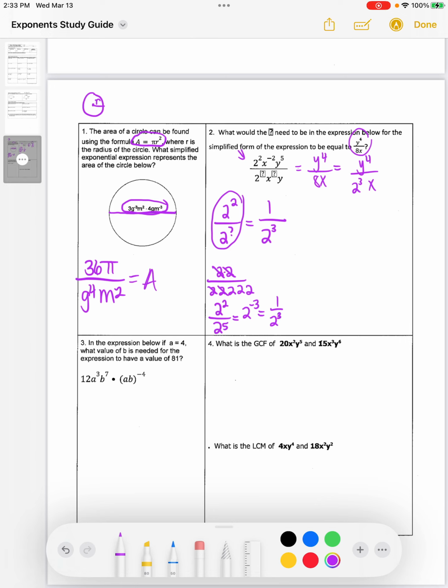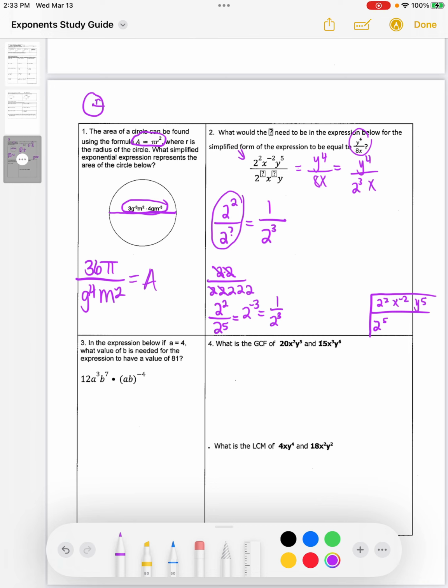The first question mark is actually going to be, and I can put my final answer over here, the expression 2 squared x to the -2nd over y to the fifth over, this is definitely going to have to be 2 to the fifth power, since 2 squared over 2 to the fifth, 2 minus 5 is -3, which means we have 2 to the third power, which equals 8 in the denominator. So that's going to be my first answer.